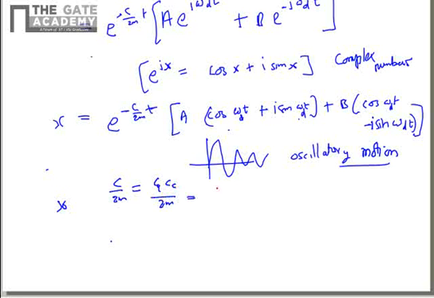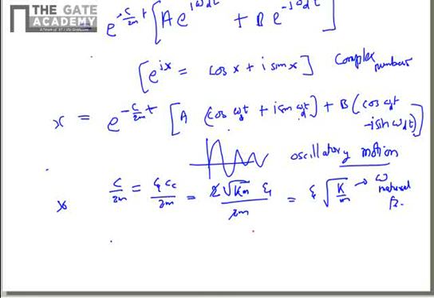Critical damping is 2 multiplied by the square root of km, into v by 2m. The 2 and 2 get cancelled out, and you get v square root of k by m, and k by m is omega, the natural frequency of undamped oscillation. So you will get c by 2m equal to v into omega.